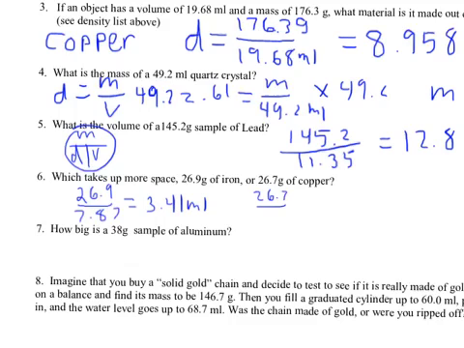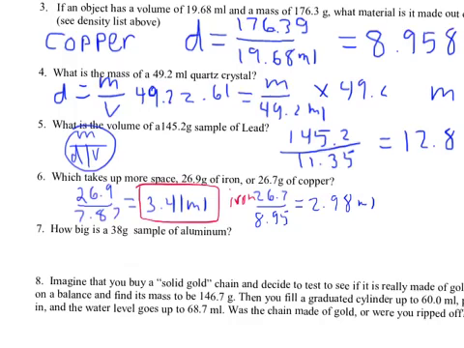It's 8.95. And what that gives me is 2.98 milliliters. So in this case, the question is, which takes up more space? Which takes up more space is the iron.